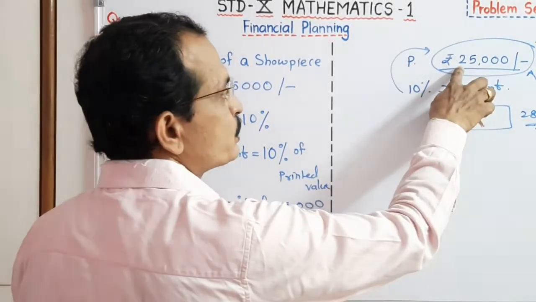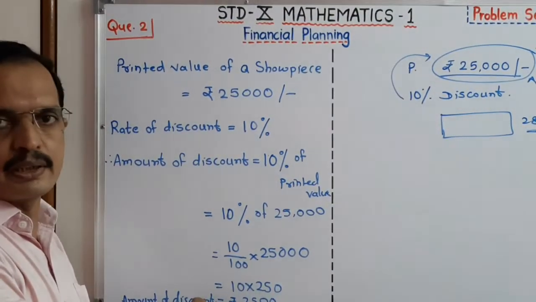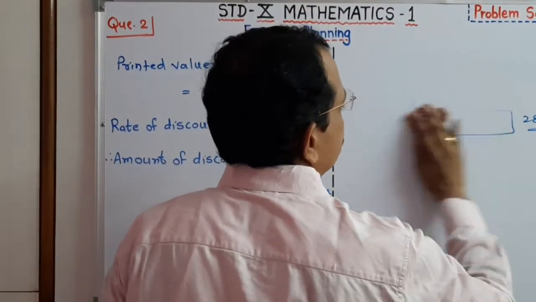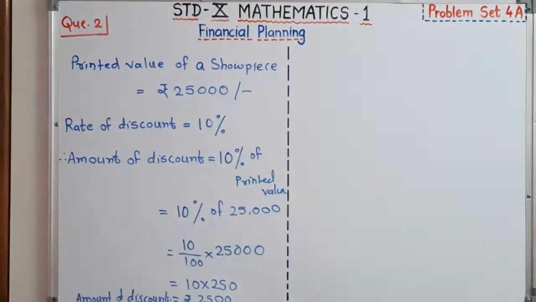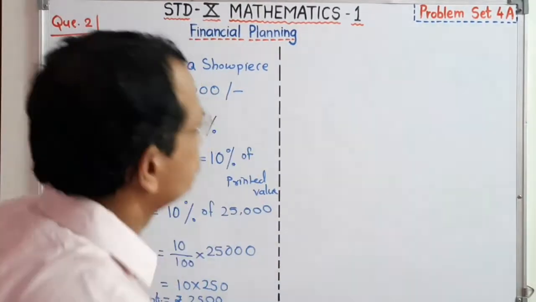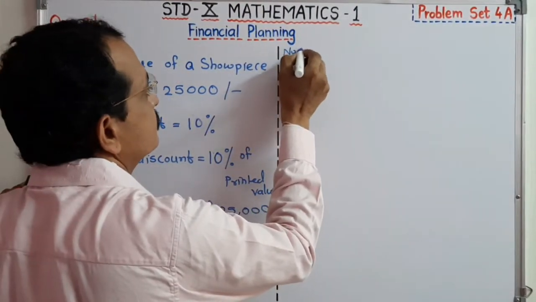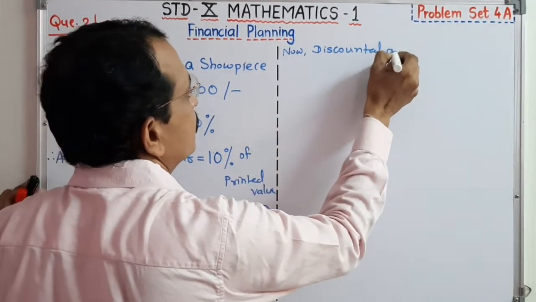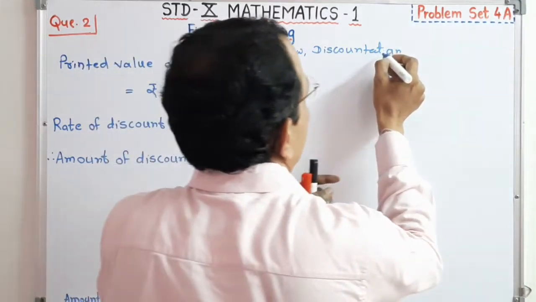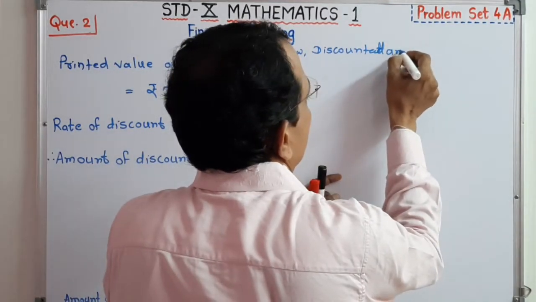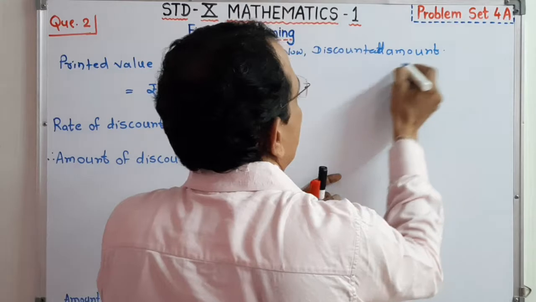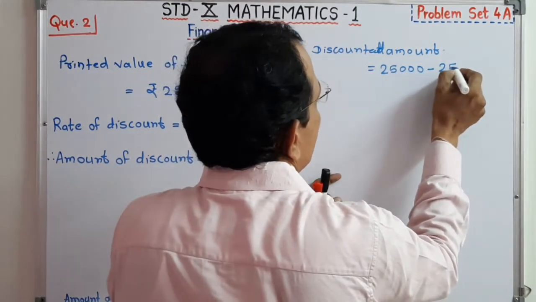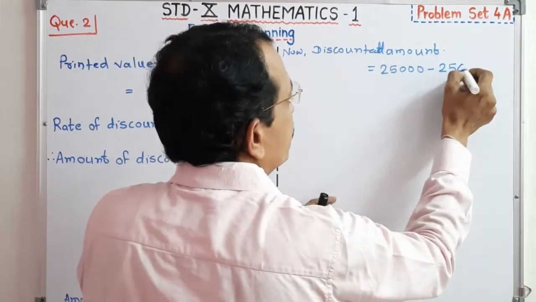That means from this 25,000 we have to subtract this 2500, then we will get the discounted amount. Now we have to write here: discounted price is equal to 25,000 minus 2,500.